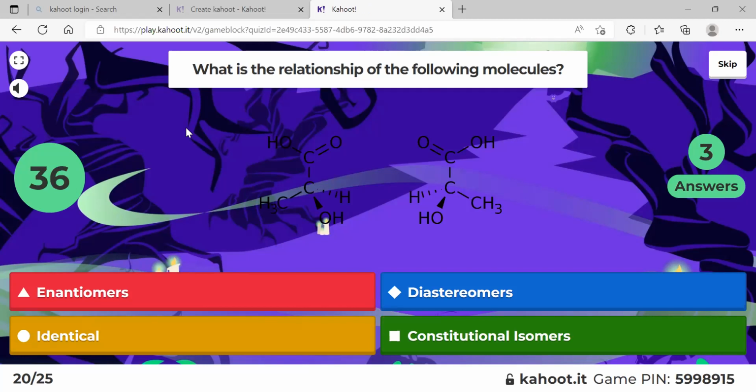Let's just say that they're mirror images of each other and both of them are chiral.